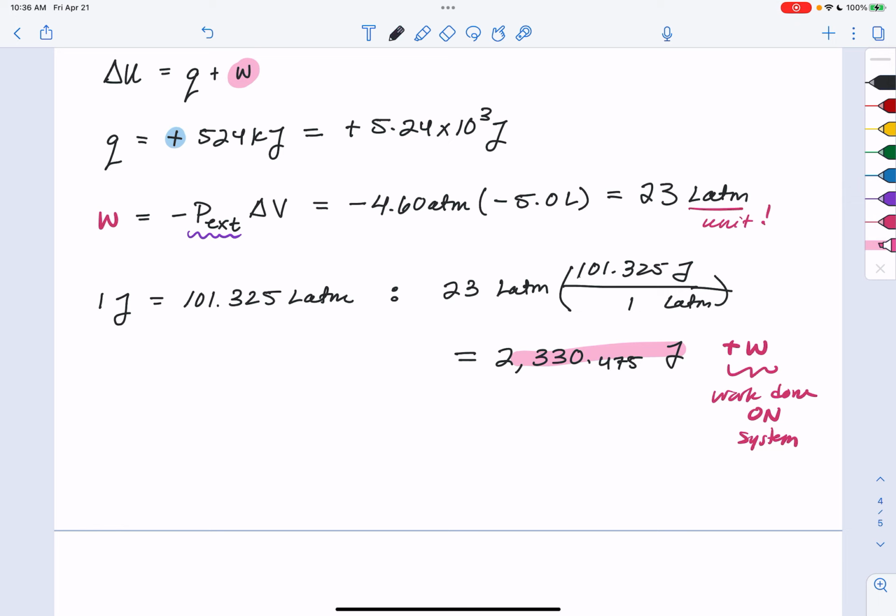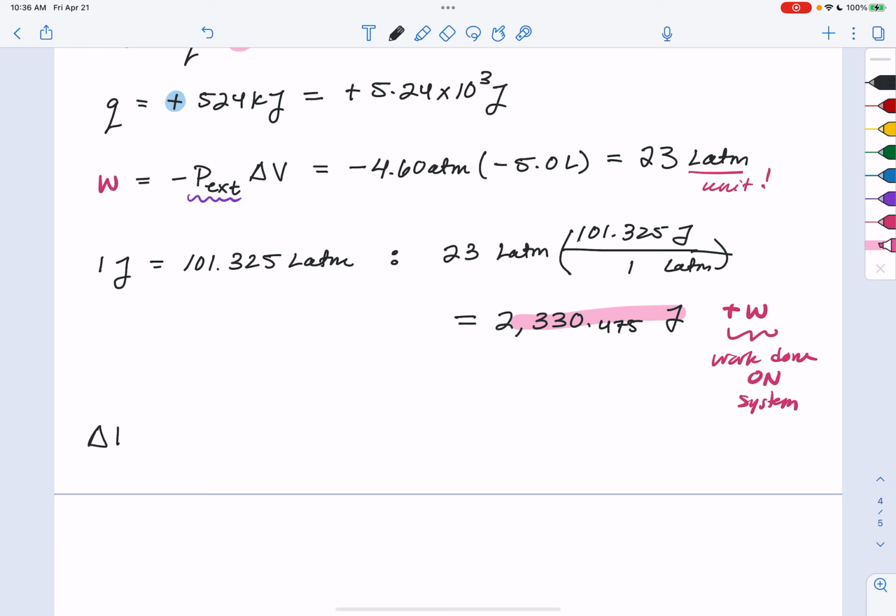So let's see what the total internal energy change of our system is.